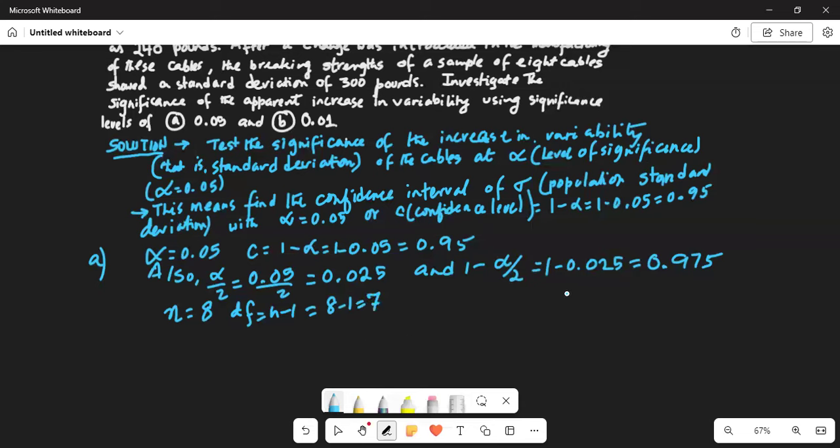Okay. So the chi-square distribution looks like this. Let me erase that and do a better one.